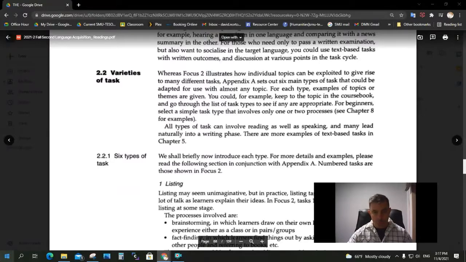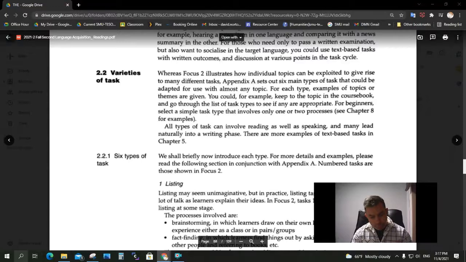This kind of gets into question 3, but the meaning of what you're saying is more important than the opposite of meaning, which of course is form, right? So it's more important that you communicate what you're trying to say rather than getting everything accurate grammatically. Okay, so it has to be meaning focused. You're focused on the meaning of what you're saying in your task.